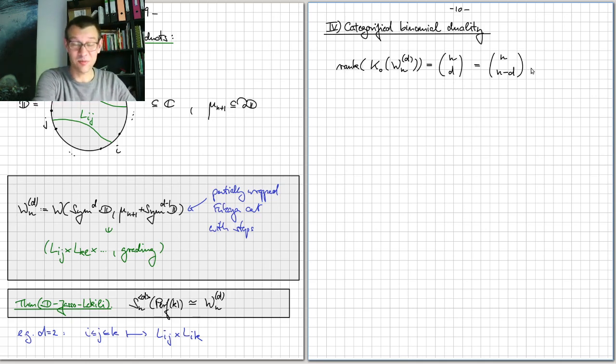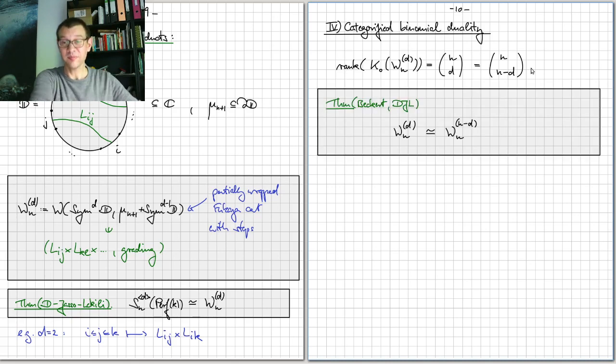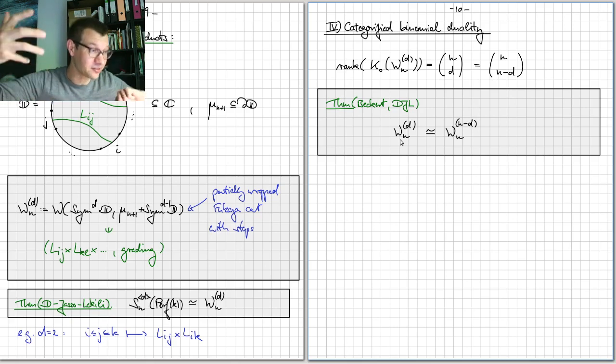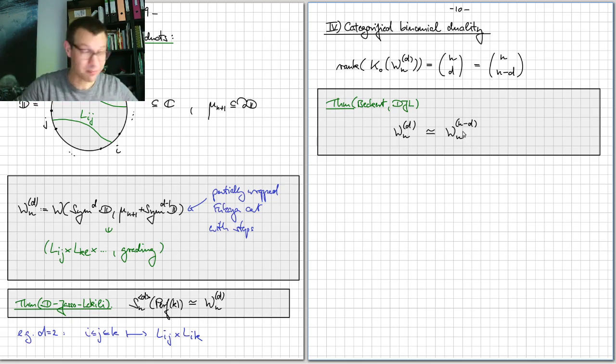And so that raises the question if maybe this binomial duality can actually be lifted to a categorical level. So are maybe the cells of these S constructions or these wrapped Fukaya categories also going to be equivalent?